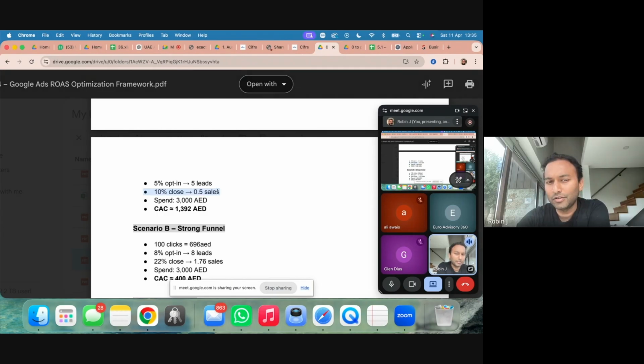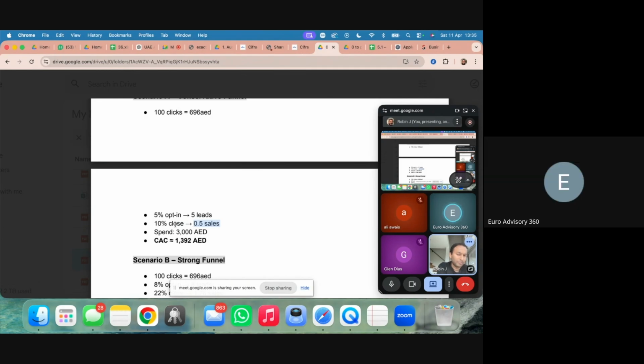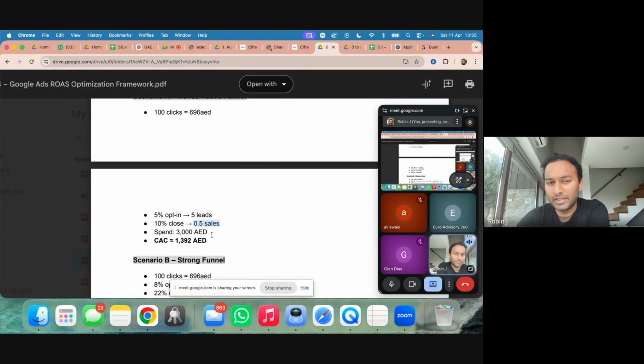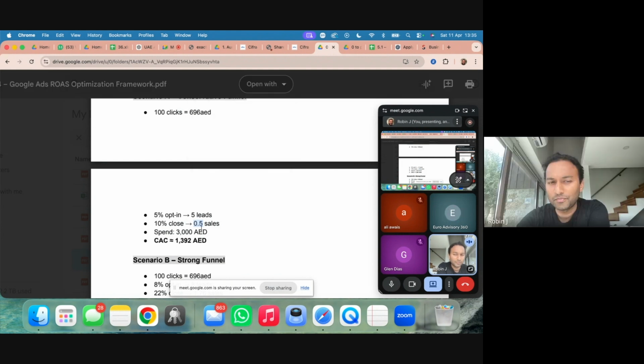At a 10% close rate, for 696 dirhams you have half a sale, not a full sale. If you spend 3,000 dirhams, you probably get about 2 sales. That brings the CAC, customer acquisition cost, to about 1,392 dirhams.